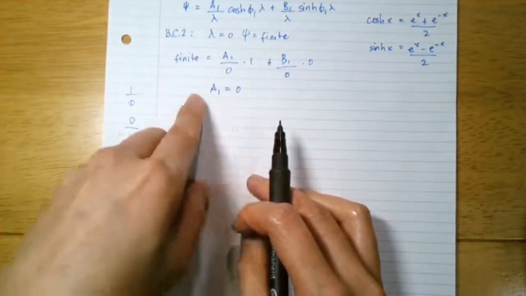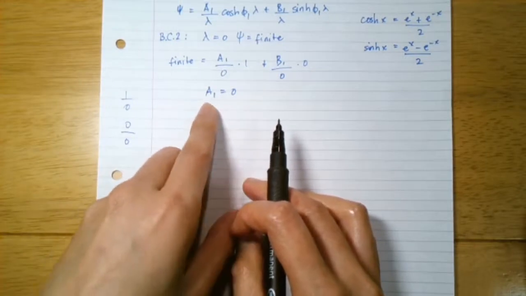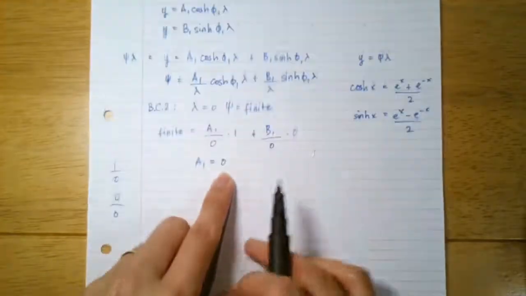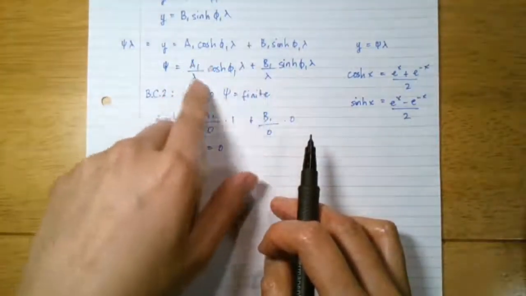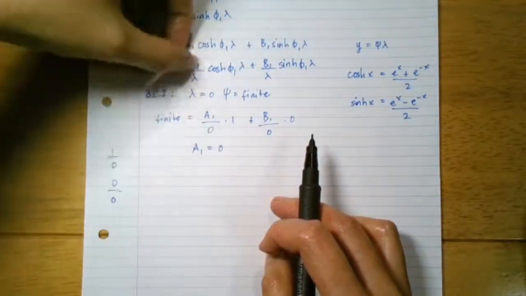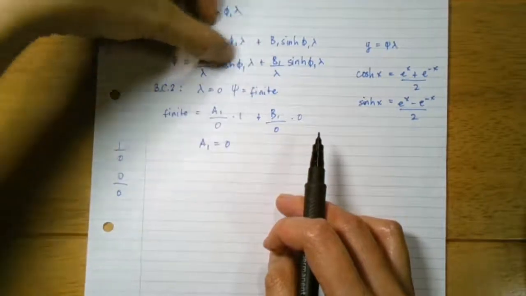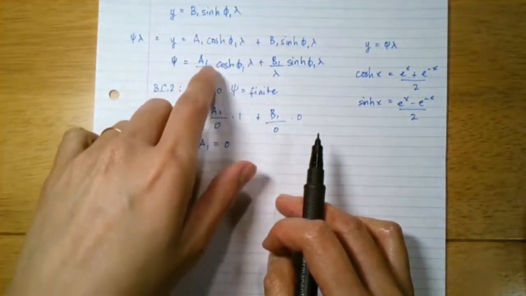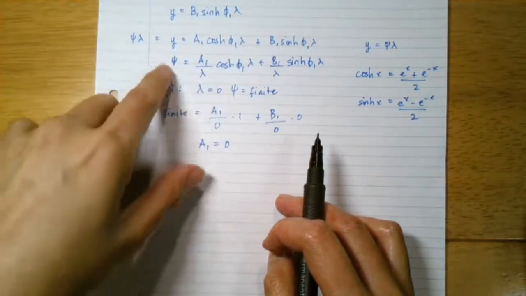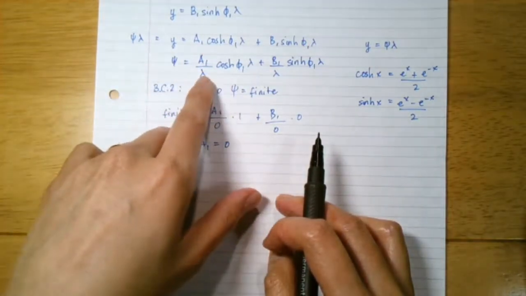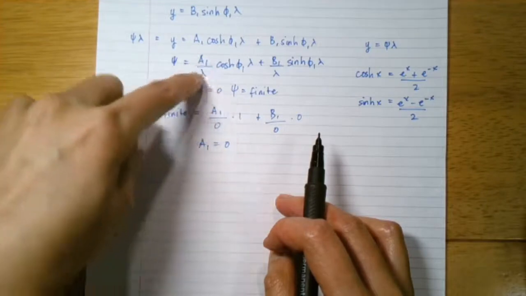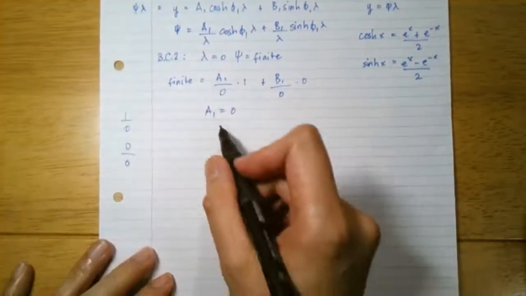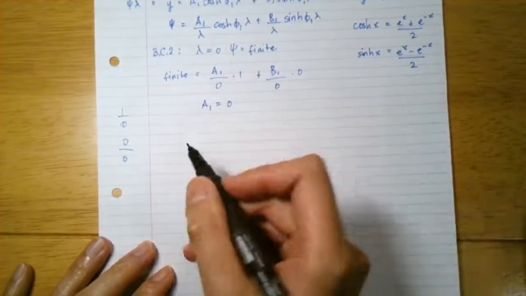So the only way for that to happen is when a1 is equal to 0. Another way to look at it is we can throw this term away because it is not physical. It makes our solution go to infinity when lambda is equal to 0. Therefore, a1 is equal to 0.